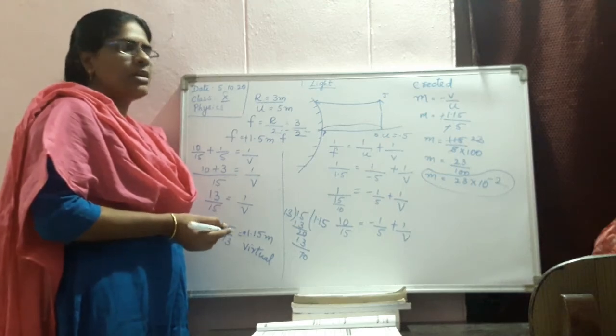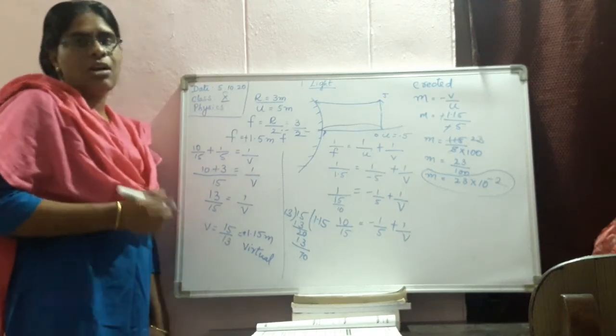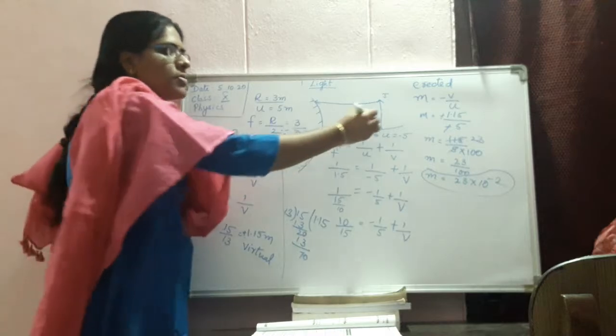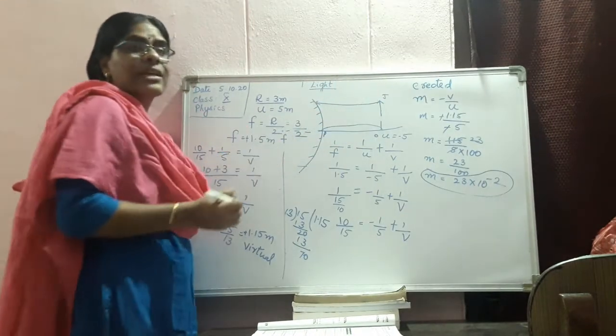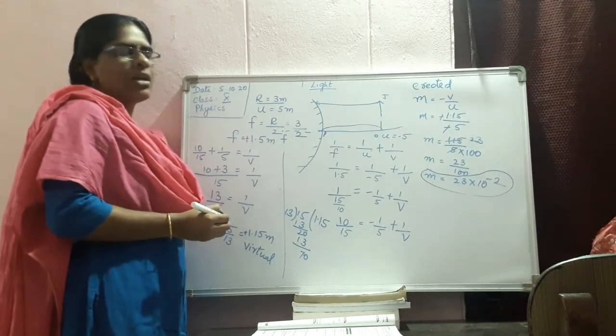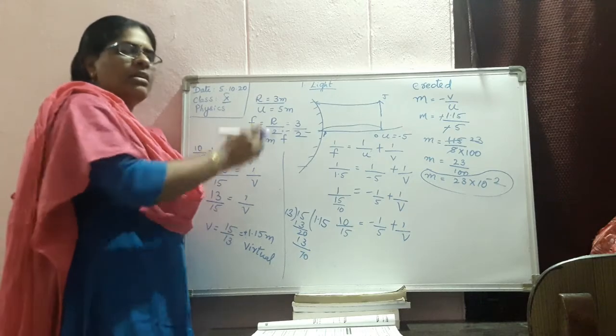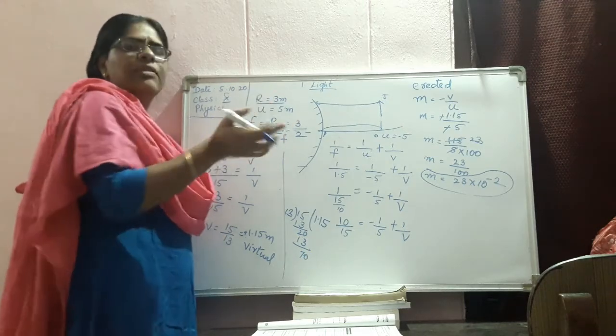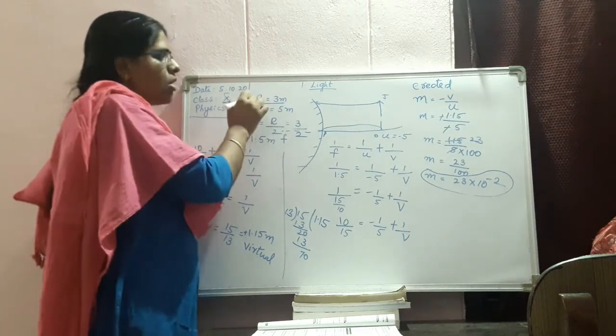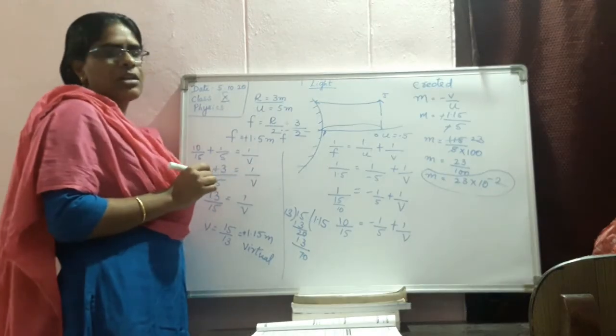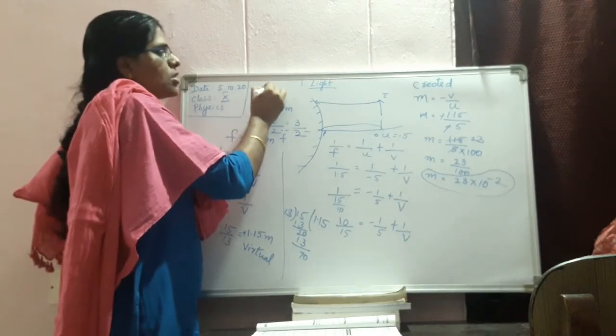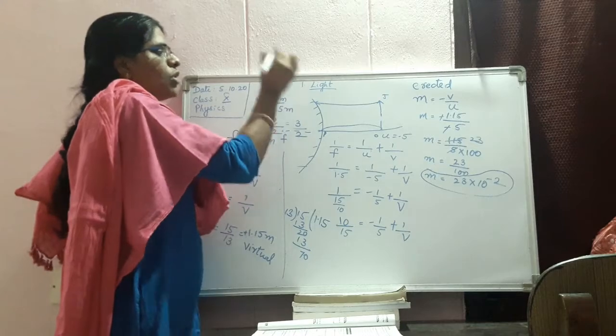Okay children, this is how to solve the problems based on convex mirrors. Always in the problem they may give you directly the focal length or radius of curvature. You need to remember the relation R equal to 2f.